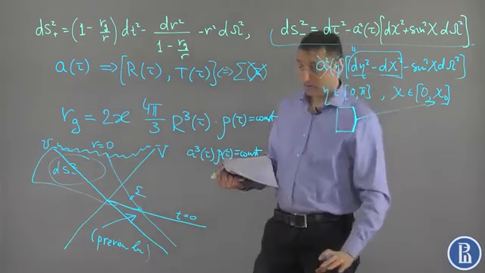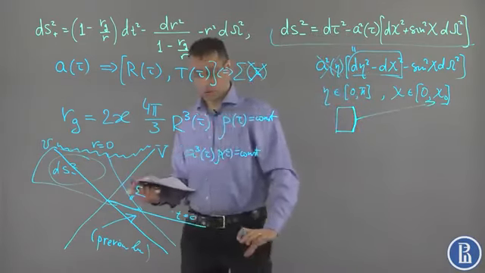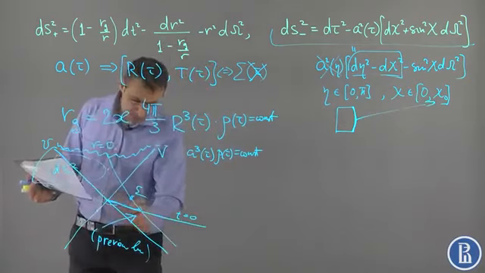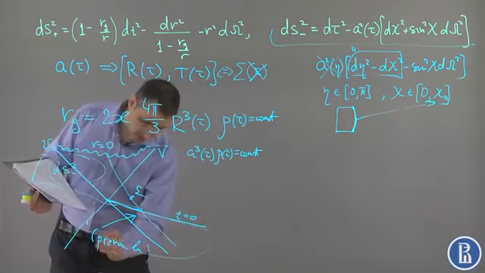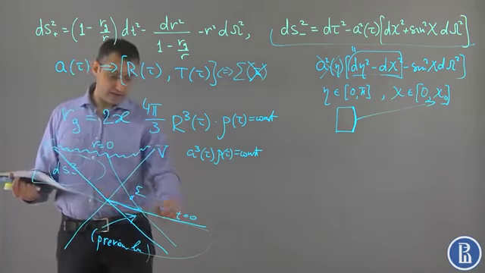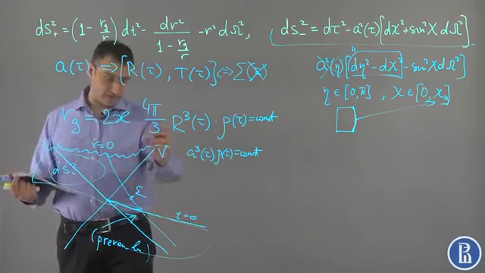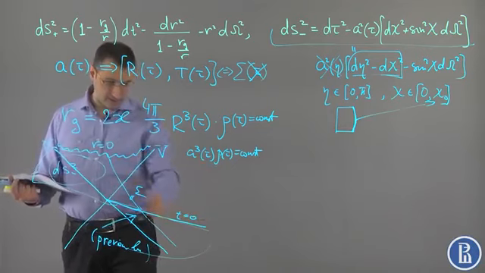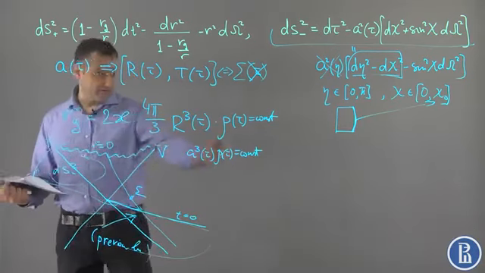In all, gluing this to what we have here, in this region, we have what we have encountered in the previous lecture for the star. Here we have the same as for the Schwarzschild black hole. And here we have this guy.